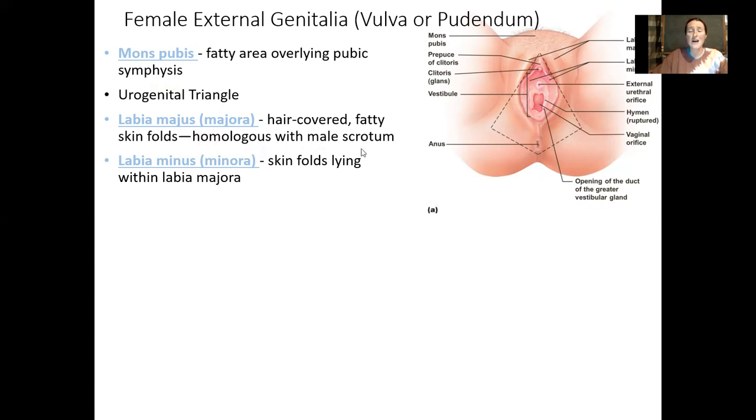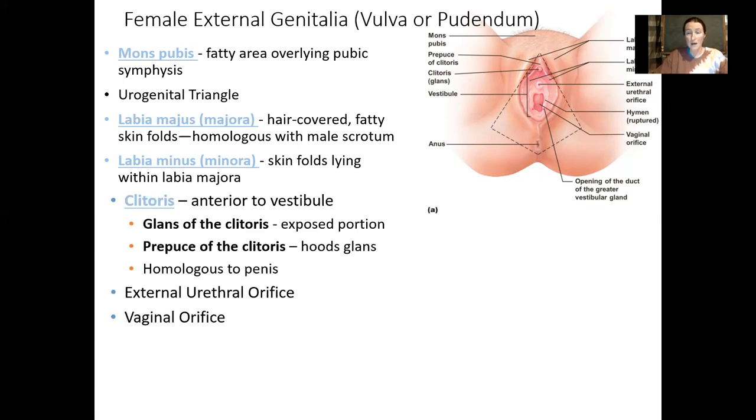The inner lips of the female vulva are called the labia minus or minora. Within this urogenital triangle, all the way to the anterior is the clitoris. Next is the external urethral orifice, and finally the vaginal orifice.